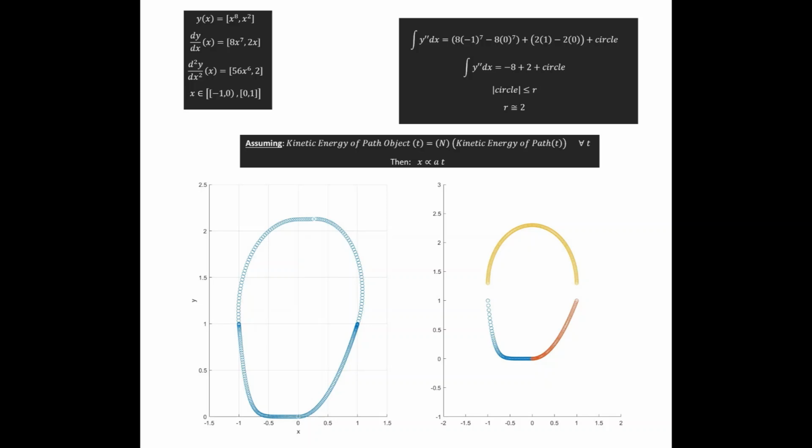If we construct a path like so, where the blue section between x equals -1 and 0 is y equals x to the 8, and the red section between x equals 0 and 1 is x squared, and these two sections are joined together by a circle with a radius of approximately 1 that is tangential to the end of each curve, it is trivial to demonstrate that the valuation of integrating the derivatives across the x domain cannot be 0.